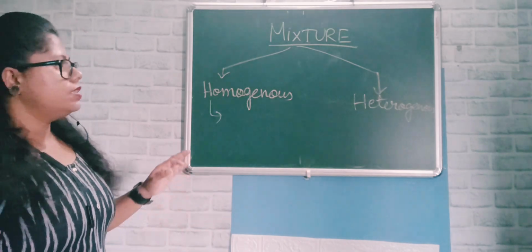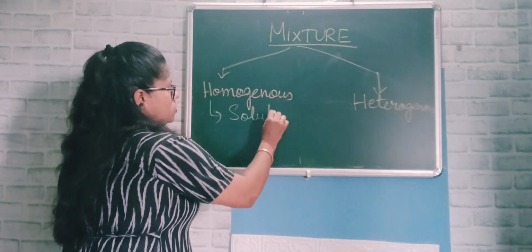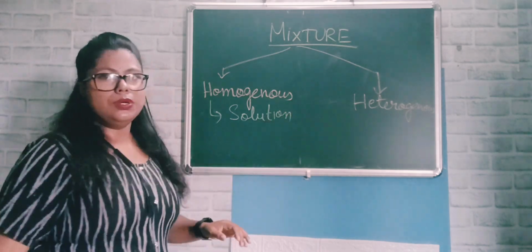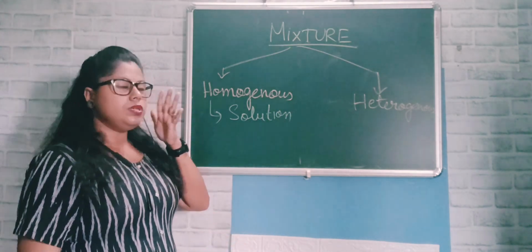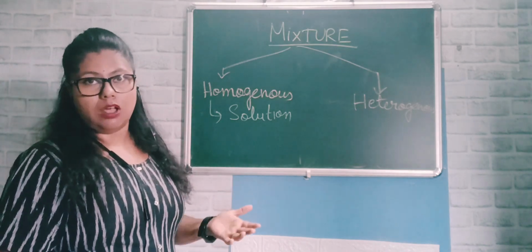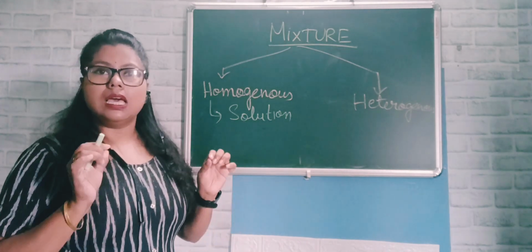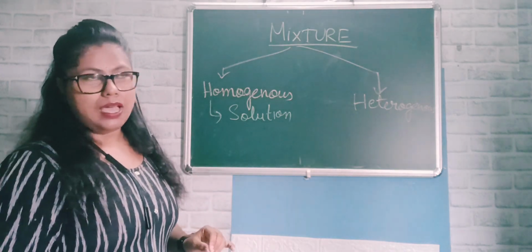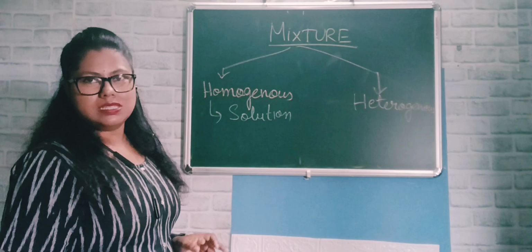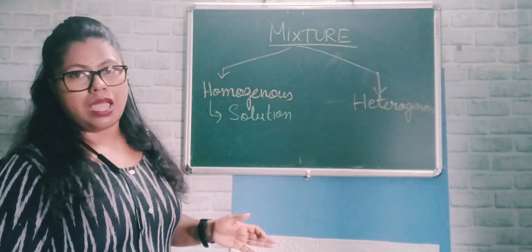Like if we take a solution, the solute gets dissolved in the solvent. Now if the solute completely dissolves in the solvent and the solution tastes exactly the same in every portion, that is called a homogeneous mixture, a uniform mixture you can also say.